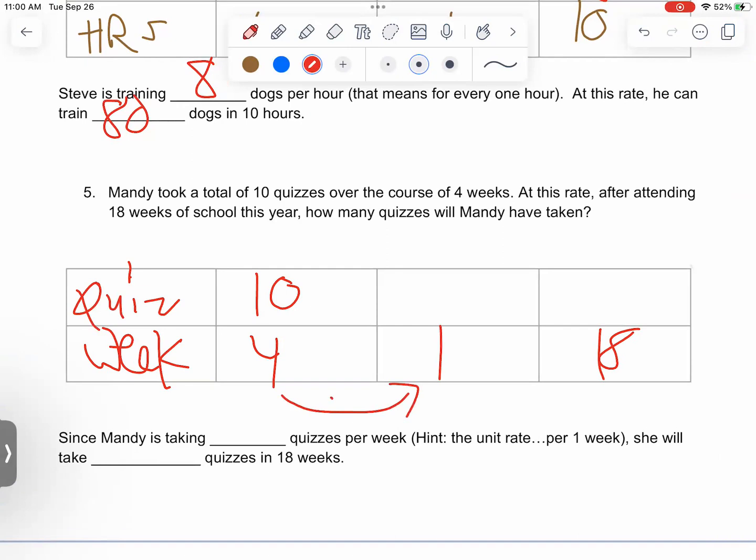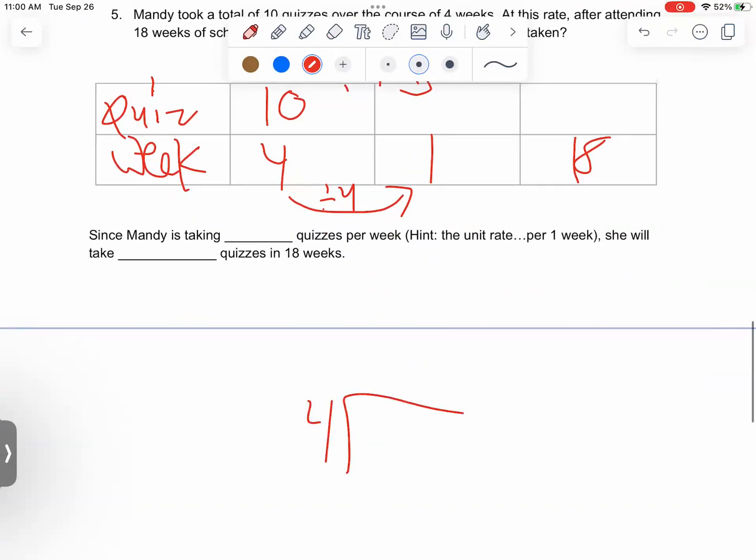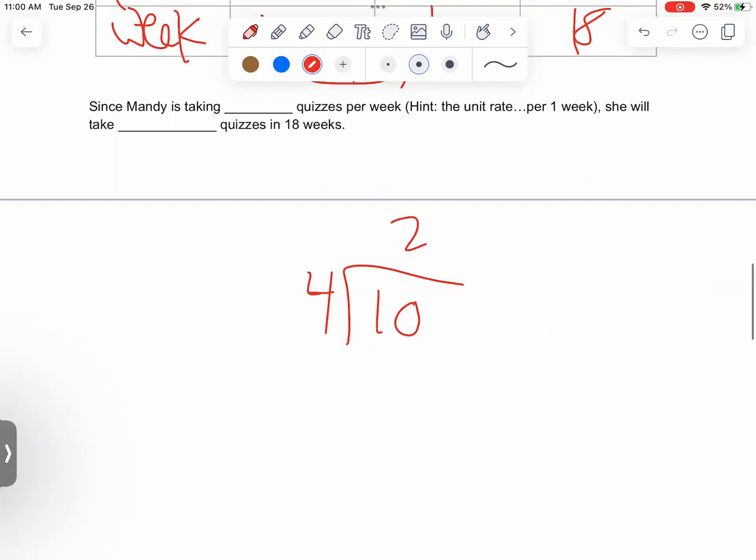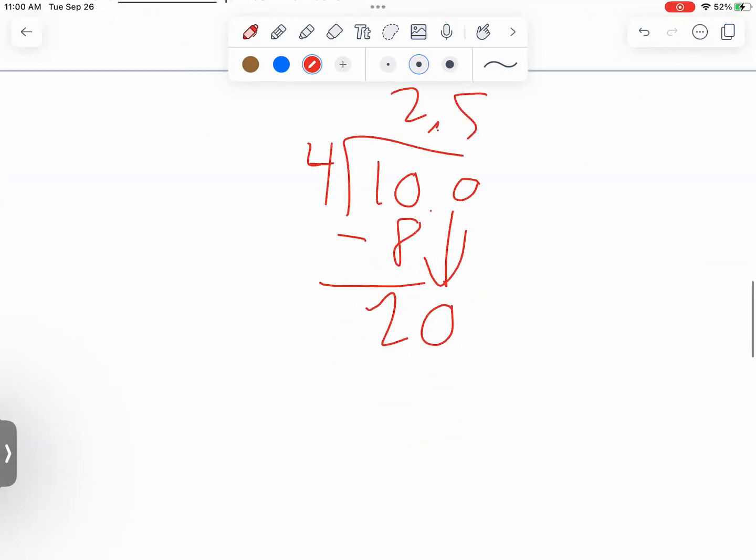So you divide that by 4. Oh, no. Catastrophe. 4 doesn't go into 10. Okay, that's why we learn how to divide, right? So 4 goes into 10 2 times. 4 times 2 is 8. Add yourself a decimal and a 0. 4 goes into 20 5 times, so it's 2.5. 2 and 5 tenths.